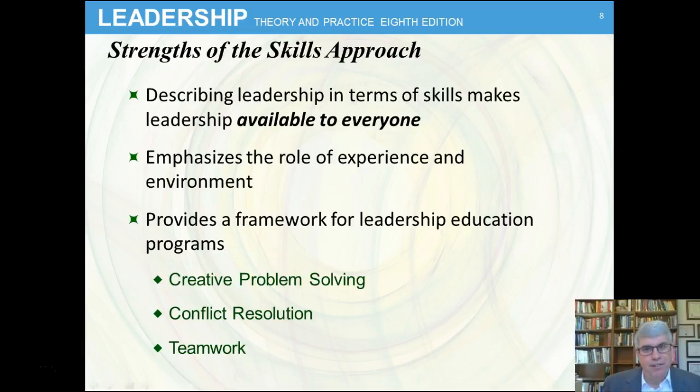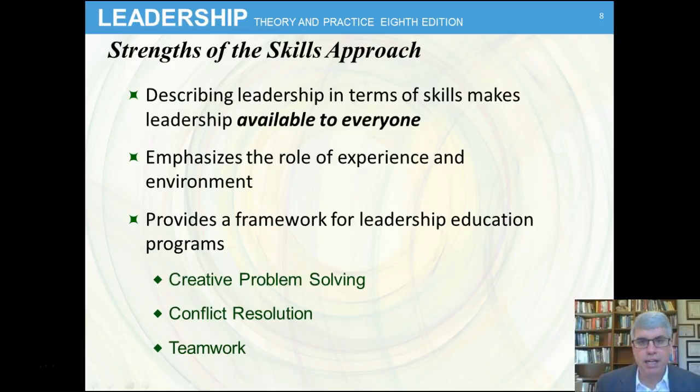And it also provides a nice framework for leadership education programs, whether it's an individual class on leadership or a whole master's degree or a major in leadership, because it says, aha, when you take a leadership class, you need to be developing skills: problem-solving skills, theory modeling skills, people skills.